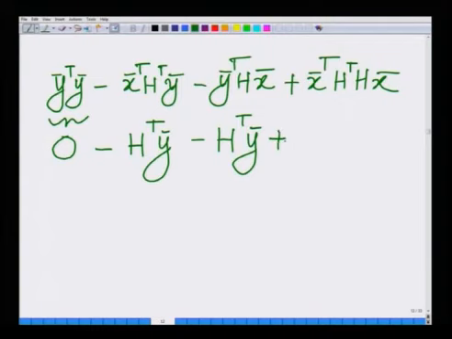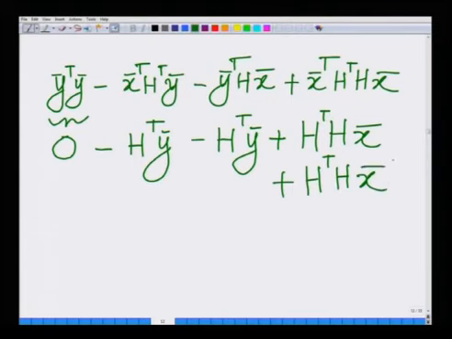Plus, now this is a square term, it has x bar twice. So, this is x bar transpose h transpose h x bar. We use the sum rule, that is, assume one of them is constant and differentiate with respect to the other, and then assume the other is constant and differentiate. So, assume that h transpose h x bar is constant, then this differentiation becomes x bar transpose c, where c is h transpose h x bar. Hence, this derivative is h transpose h x bar plus, when you assume again that x bar transpose h transpose h is constant and you are differentiating with respect to x bar, it is again h transpose h x bar.